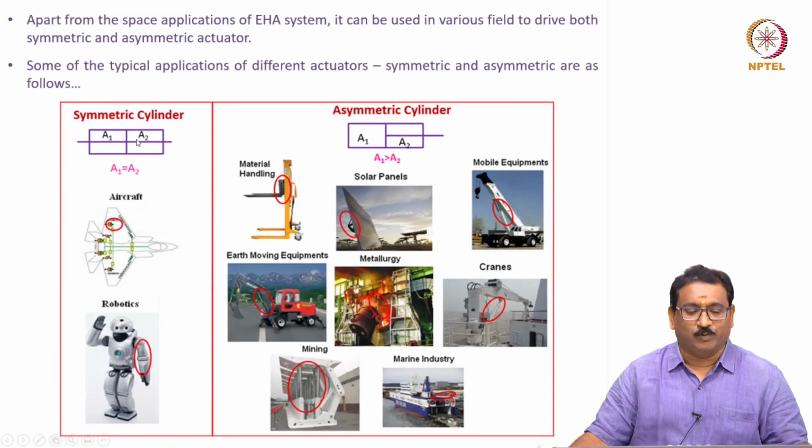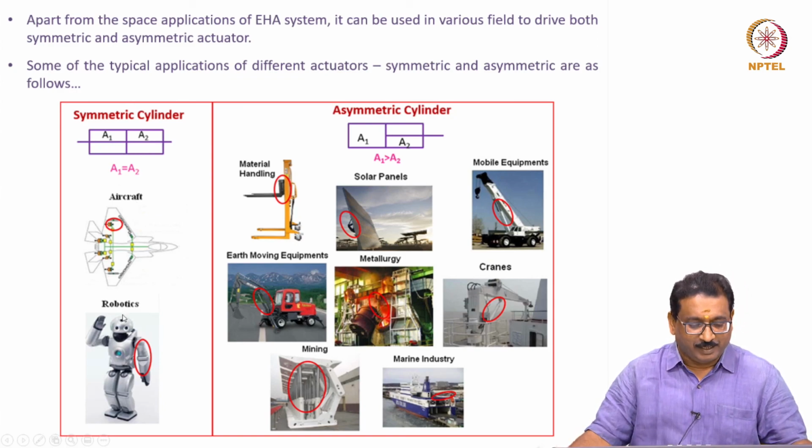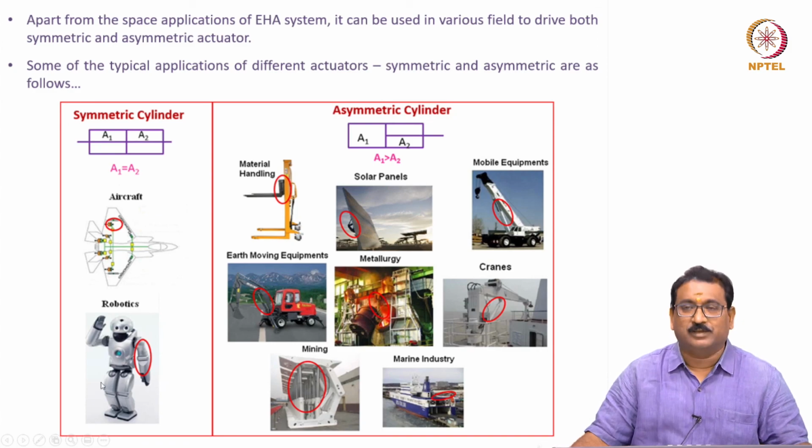Symmetric means, as you already know, the equal areas A1 and A2 are the same. Here various aircraft applications are there, and in robotics also they are used. Asymmetric also occupy a large number of applications where the areas are different. A1 is greater than A2, head side and tail side area, asymmetric.